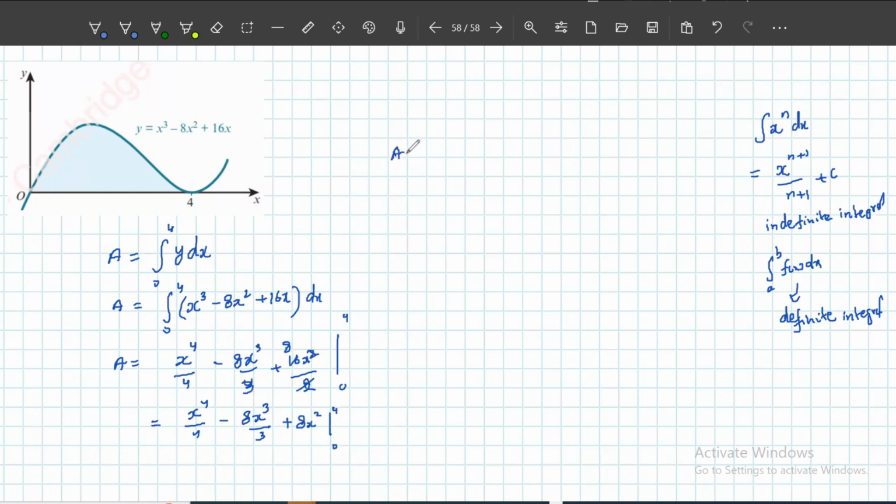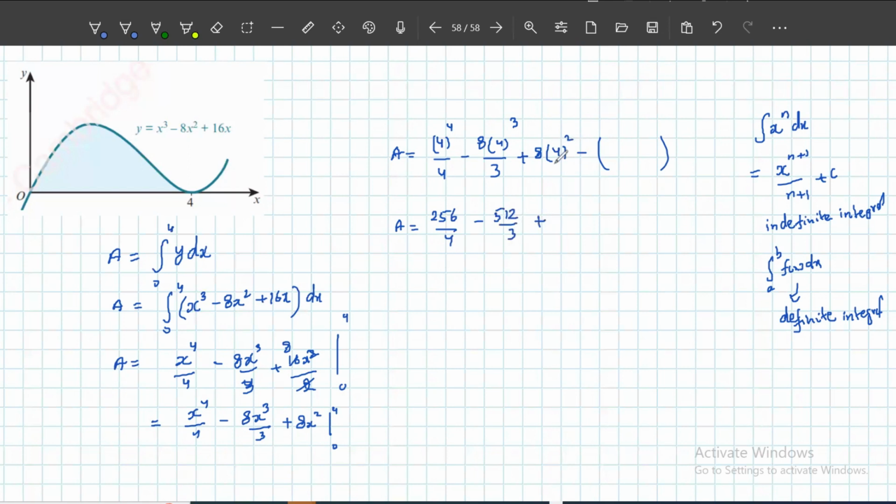Fine. So the next step: A is equal to, for the upper limit 4, 4 whole power 4 over 4 minus 8 times 4 power 3 over 3 plus 8 times 4 power 2, minus all of it at the lower limit, which will be 0, because once you apply the lower limit, all these values will be 0. 4 power 4 divided by 4: 256 divided by 4 is 64. 4 cube is 64, multiplied by 8 is 512 over 3, which gives us about 170.